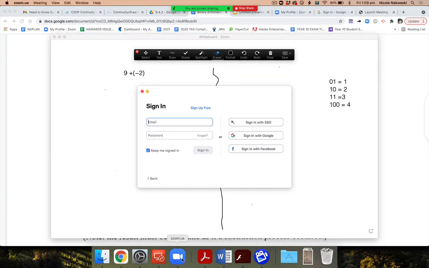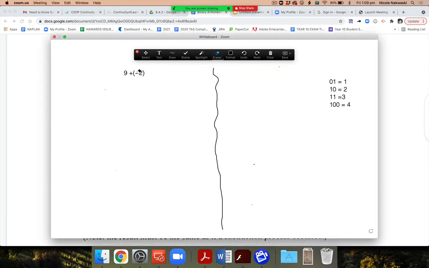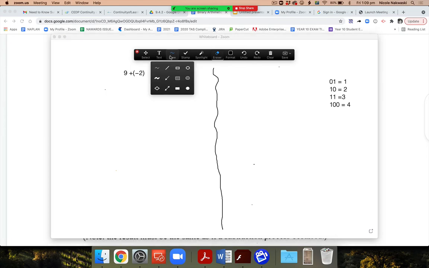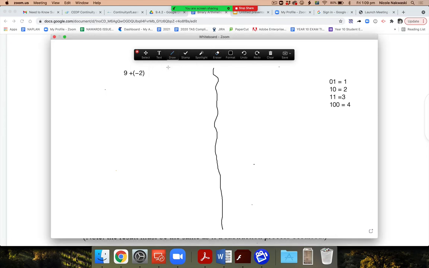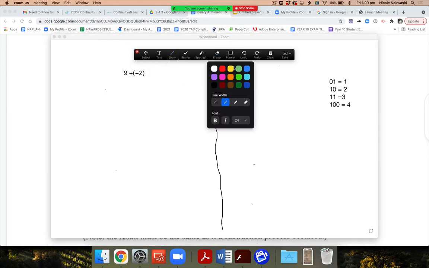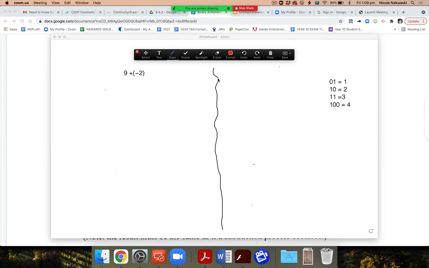Okay, so let's go. 9 plus negative 2. First off, I have to work out what 9 is in binary and what 2 is in binary. I'll just use 4 bits because it's easier. 1, 2, 4, 8. I don't need any more than 4 bits because they're only small numbers.